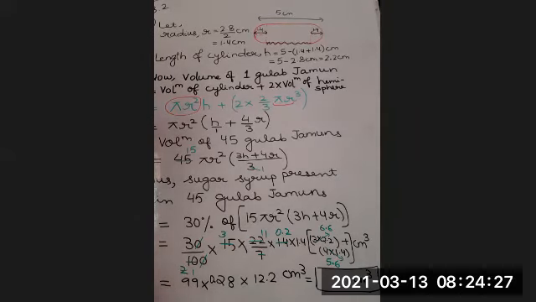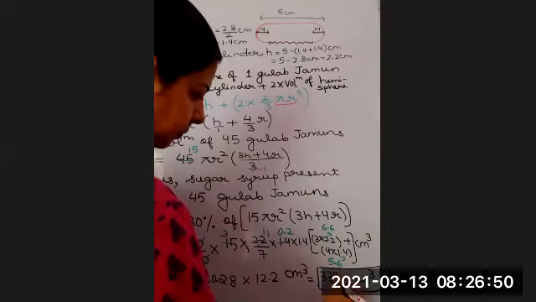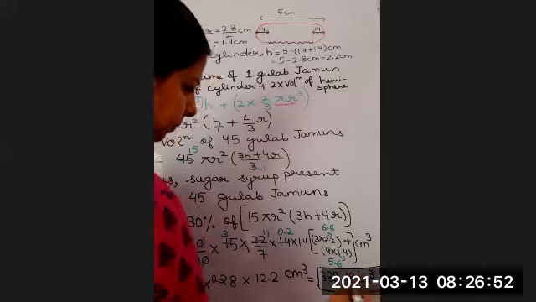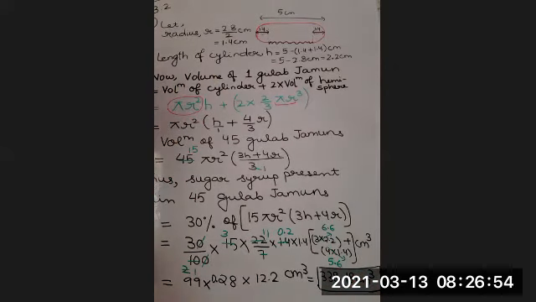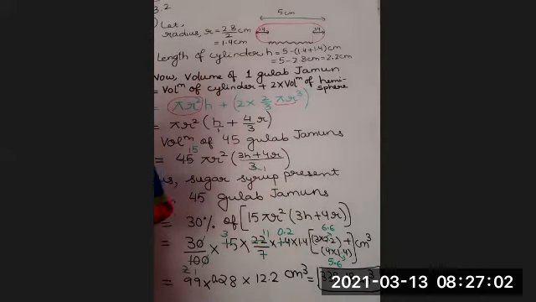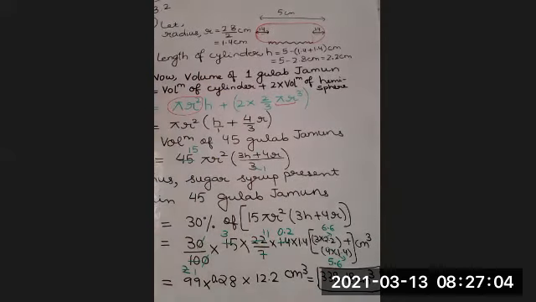Mayank, you may pause it. Okay. So 338.18 centimeter cube of sugar syrup would be present in 45 gulab jamuns. Clear? Yes.